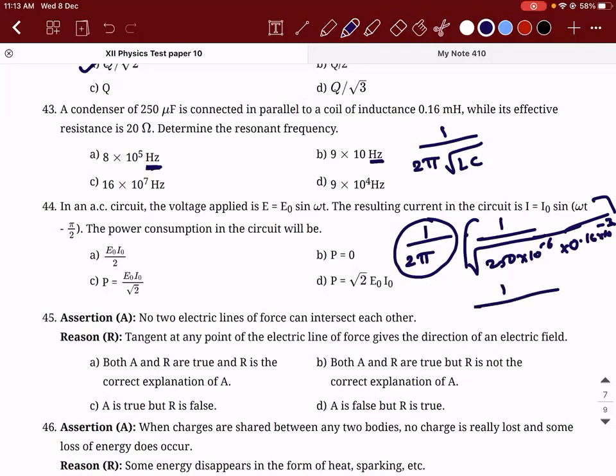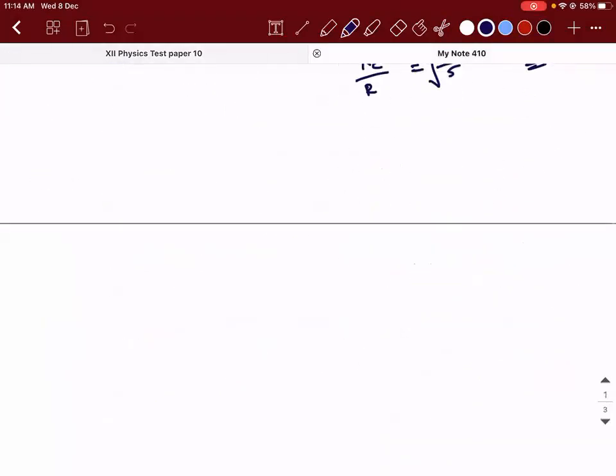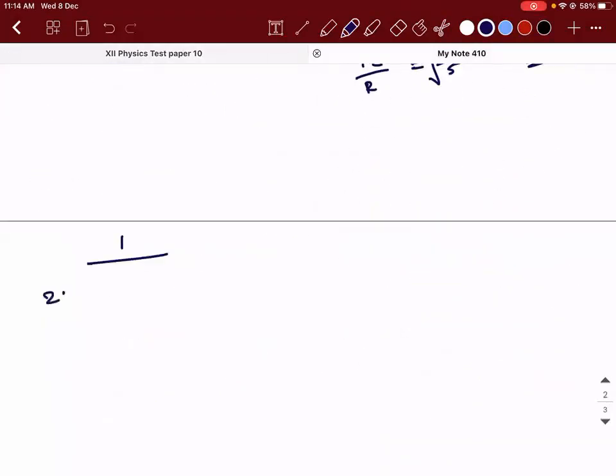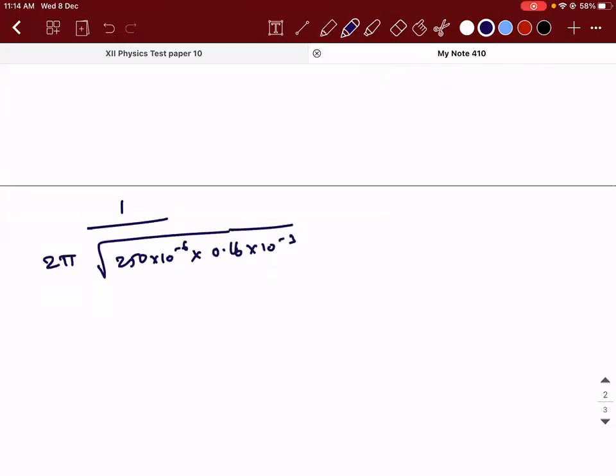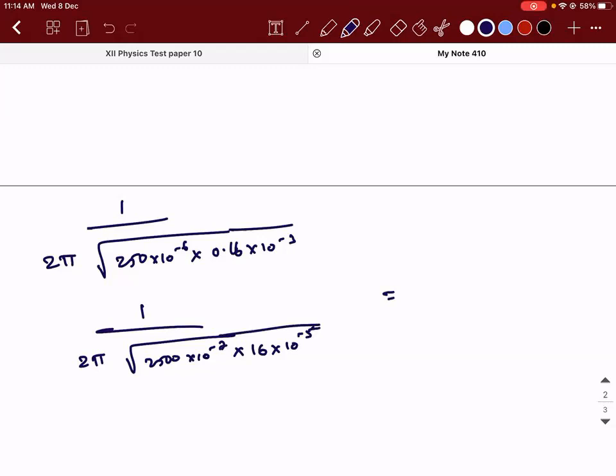So 1 by 2 pi into root of 250 into 10 power minus 6 into 0.16 into 10 power minus 3. So 1 divided by 2 pi into root of 2500 into 10 power minus 7 into 16 into 10 power minus 5. So 10 power minus 7 into 10 power minus 5 is 10 power minus 12. Square root of 10 power minus 12 is 10 power minus 6.